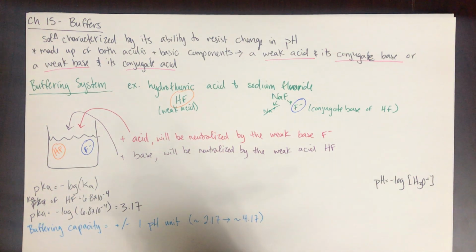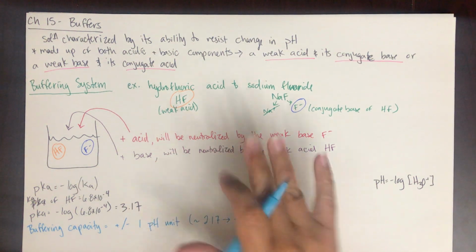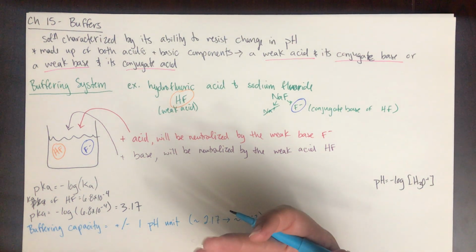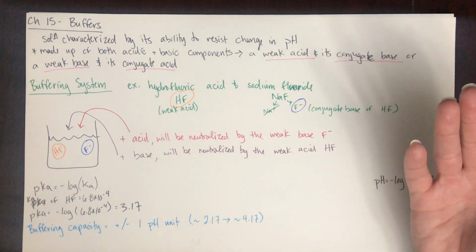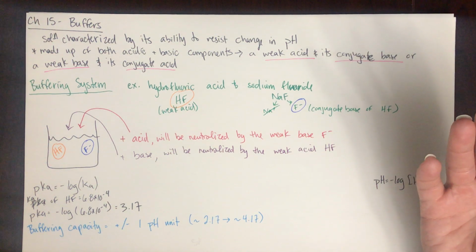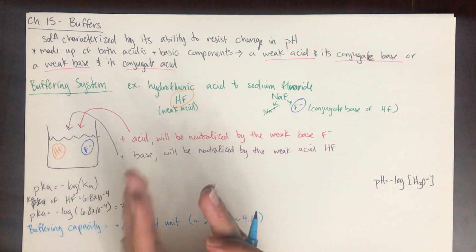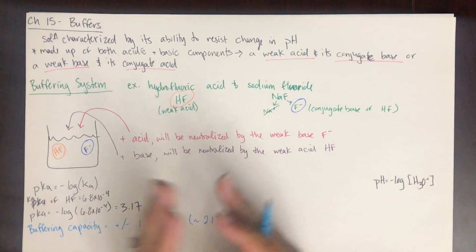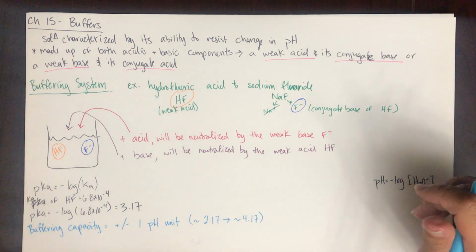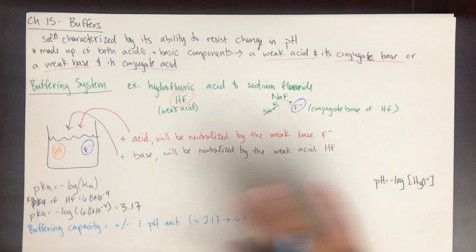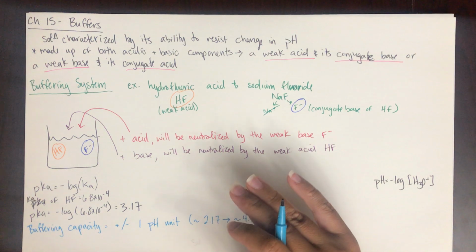And all living things, all living systems, are maintained by buffers. Our blood, for example, is maintained by the carbonic acid buffering system. And your blood pH has a very small window in which it must exist for systems and enzymes to all work correctly.